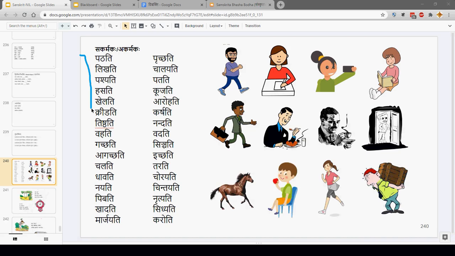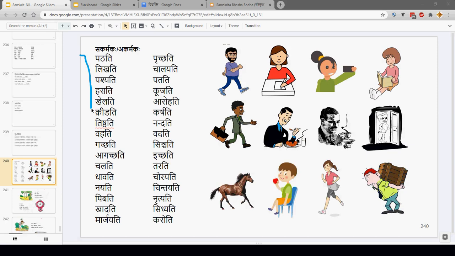So anybody else has any questions, any doubts for these first six? Hope you know the meaning of these: Patati, likati, pashyati, hasati, khelati. Hasati is laughing.